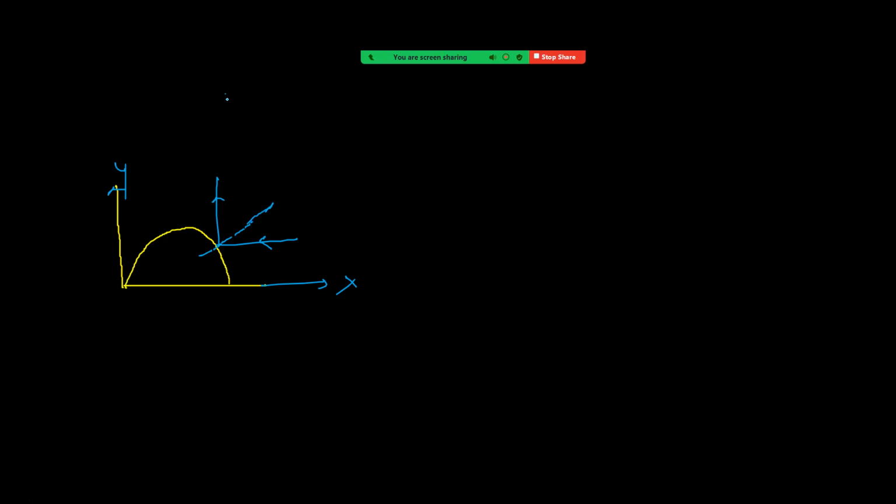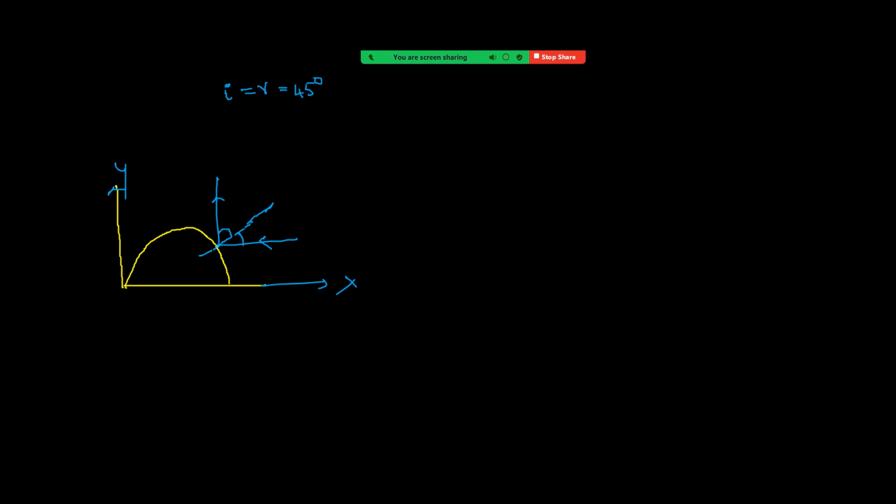Angle of incidence equals angle of reflection, and the total angle is 90. Since both are equal, those values must be 45, right? Angle of incidence, angle of reflection, both are equal. Total is 90.